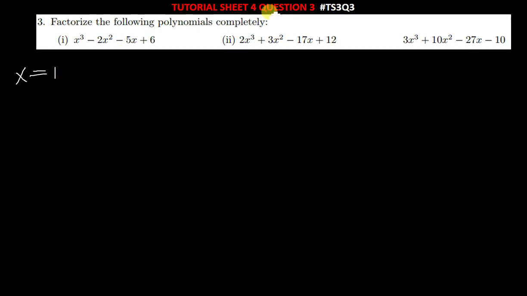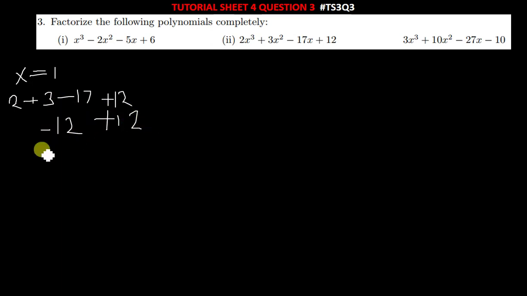So when x is equal to 1, you put 1 there, you're going to get 2. Then you put 1 where there is x squared, you are going to get 3. You put 1 where there is x, you're going to get negative 17. And then you write your constant there. So this is 5 minus 17, you get negative 12 plus 12.